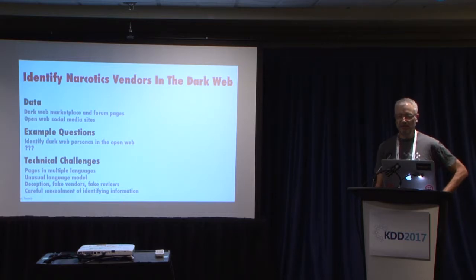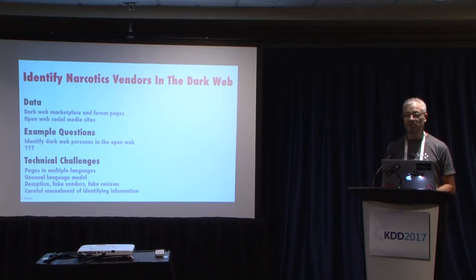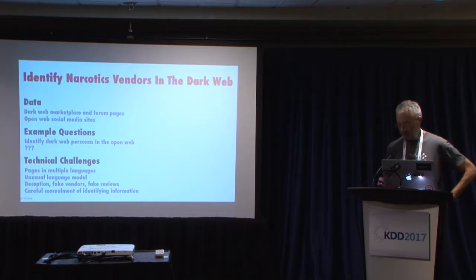And one of the interesting questions is, can you figure out who these vendors are in the real world? And of course, the problem in the dark web is the amount of deception. A lot of the vendors are not even real vendors, so there are a lot of scams and so on. So can we build models to distinguish scams from real vendors? Can we link all the information about vendors and try to figure out where they are in the physical world?